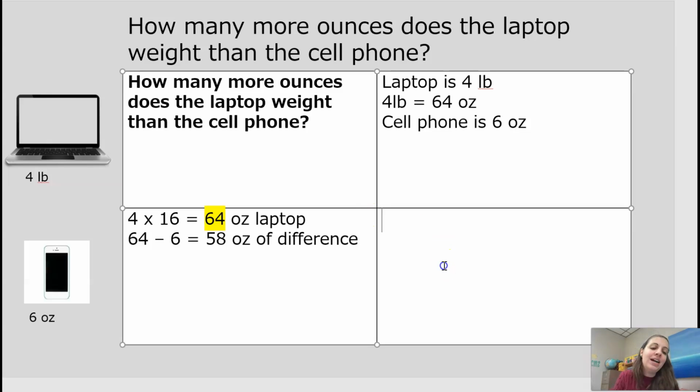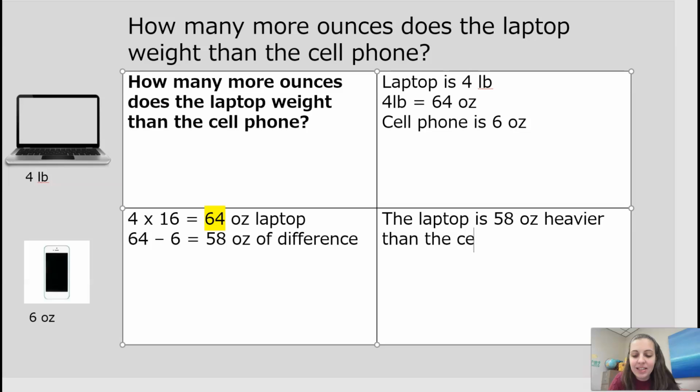I'm gonna write the answer here in the last box. And the answer is that the laptop is 58 ounces heavier than the cell phone. Okay, we are done with the word problem. Yeah, this is the answer.